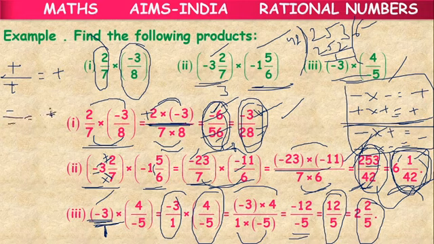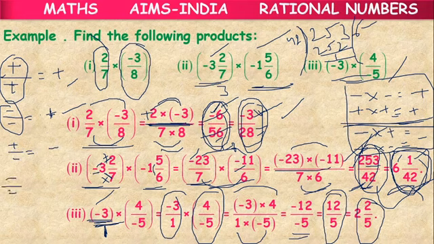Means same signs after division result always in positive. If you have plus in the numerator, minus in the denominator, which results in negative, or minus in the numerator, plus in the denominator, results in negative. So here, minus in the numerator, minus in the denominator cancel with each other, results in positive.